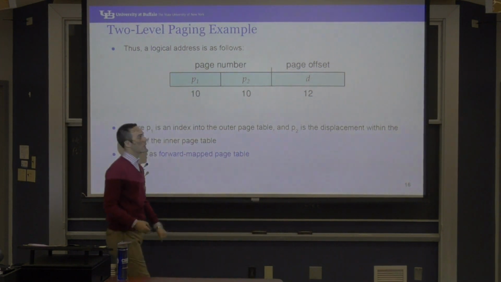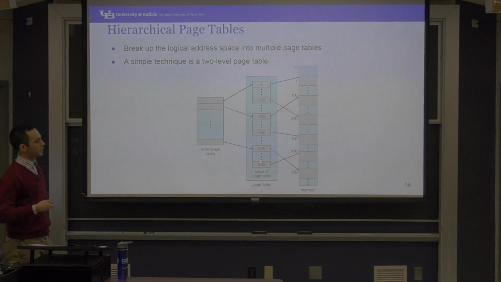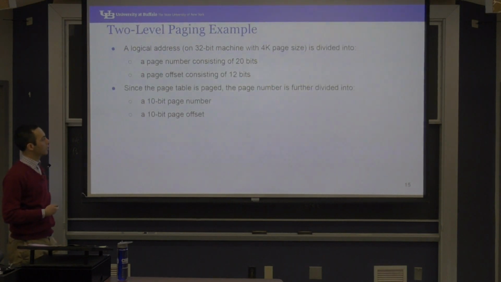Alright? This picture actually tells it all. This is the page directory, and then these are the small page tables. First you access the entry within the directory, and then you find the page table that you're looking for. You look at the inner page entry in that, and then you find the frame. All right.